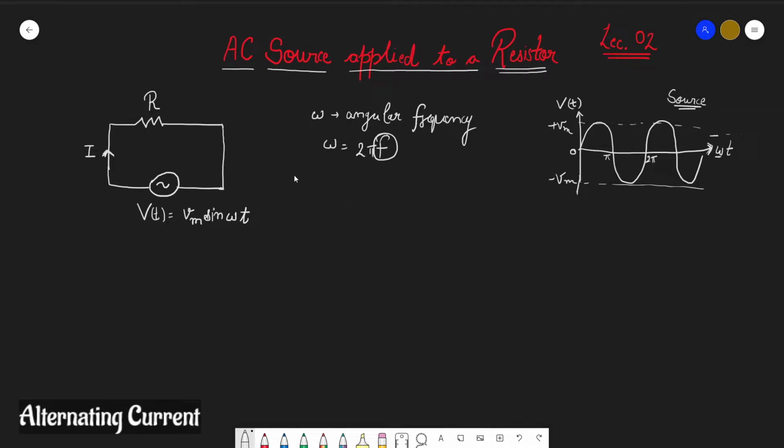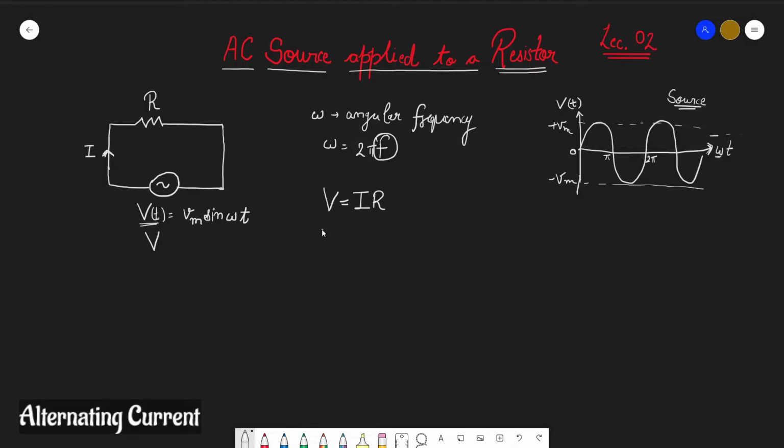Now if you apply Kirchhoff's voltage law or Ohm's law here, by Ohm's law you can write that V, the capital V meaning Vt, a function of time, is equal to I into R.